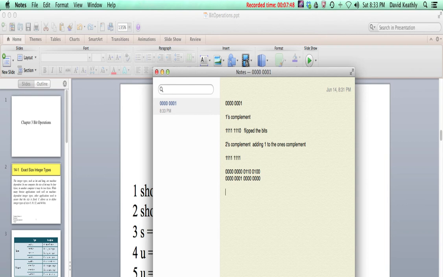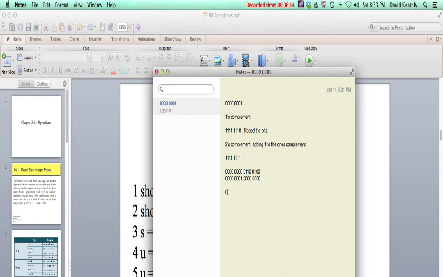If we were to OR those, ORing means that we look at the matching bit patterns between the value and what we're going to come to call the mask, or this value that we're ORing with. And 2 zeros is a 0 in an OR, because neither one is true. The idea here is it's true if either one is true. So anywhere there's a 1 and a 0, we'll end up with a 1. Anytime there's a 1 and 1, we'll end up with a 1. Anytime there's a 0 and a 0, we'll end up with a 0.